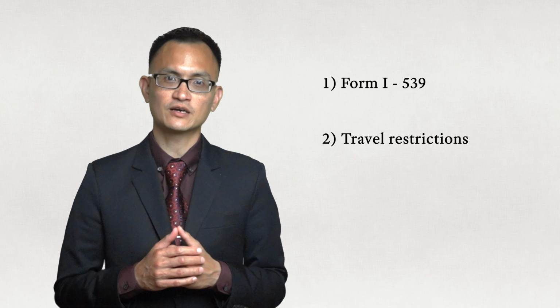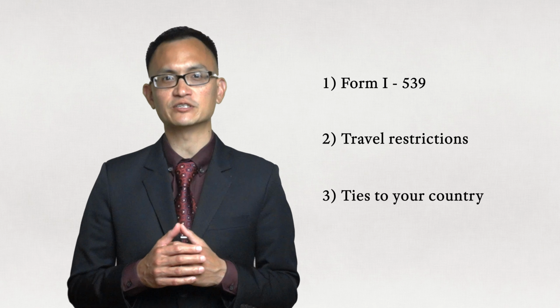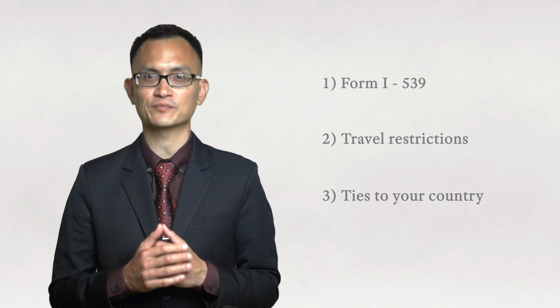To help us understand this question and answer, we'll talk about three things. 1. Form I-539. 2. Travel restrictions. And 3. Ties to your country. You will use Form I-539, application to extend or change non-immigrant status, to request for an extension of your stay in the US as a tourist.